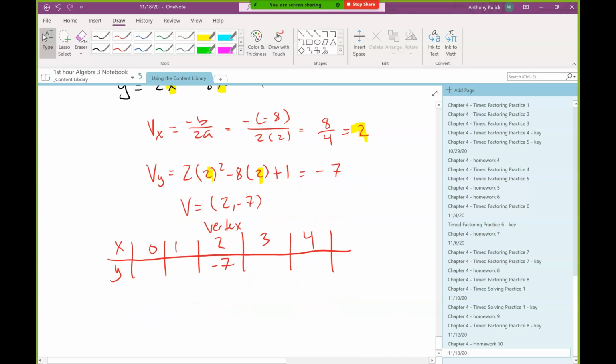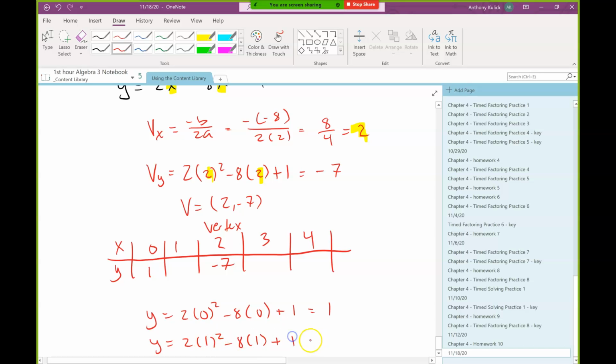Now to find those y-coordinates, all I'm going to do is plug those numbers in for x into my function and evaluate, just like we did before. So for 0, I'm going to plug 0 in. When I do that, I get 1. And I'll plug 1 in.